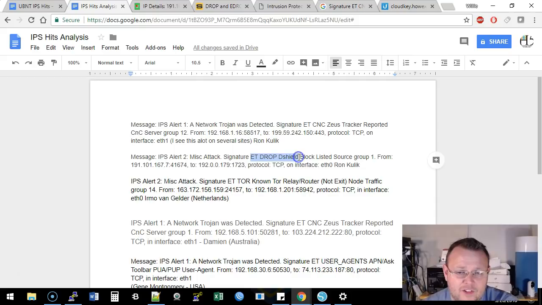This is the signature, and it's going to block listed source group 1 from this IP to this IP on eth0. So Ron must have his WAN set to eth0, and this must be the IP that he's getting. But it looks like it's trying to connect to 1723 TCP.